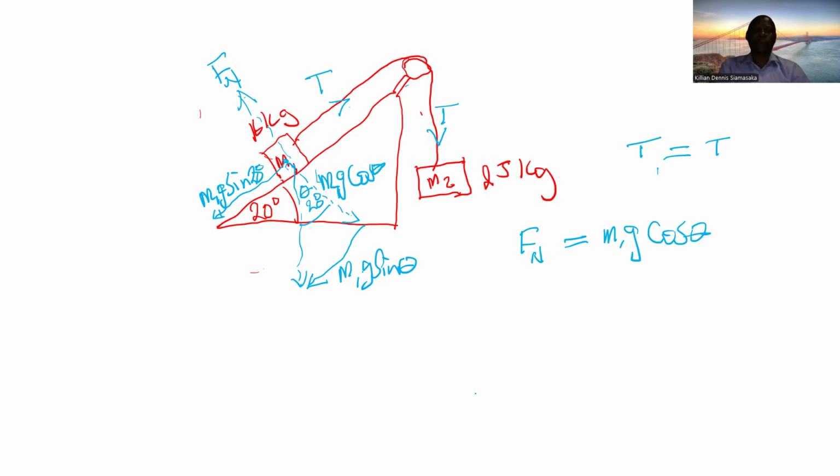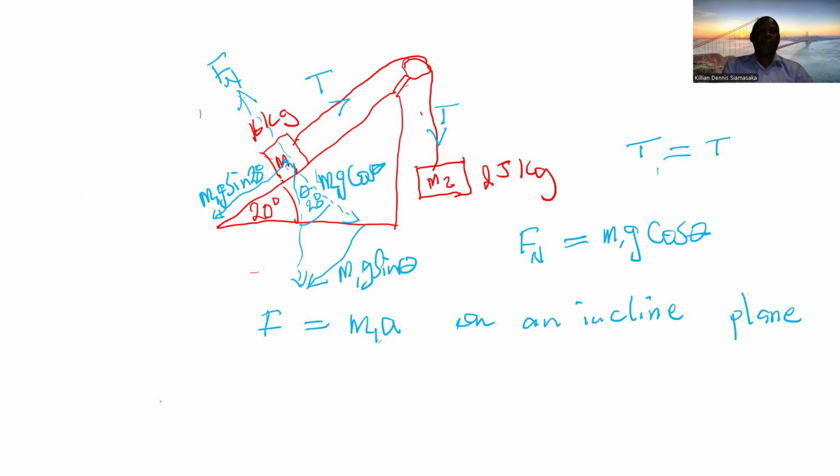And so from the basic understanding, we know that force is equal to mass 1 multiplied by acceleration for this object on an inclined plane. So for this object, this is its acceleration.